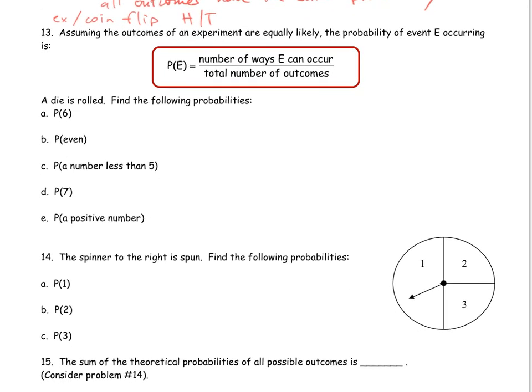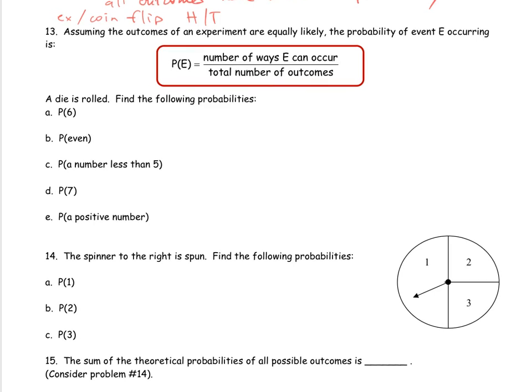But we can use this to take a look at these next couple examples, 13 and 14. We have a die that's being rolled, and for those of you that don't know, a die is just the singular version of dice. So a die is rolled, find the following probabilities.